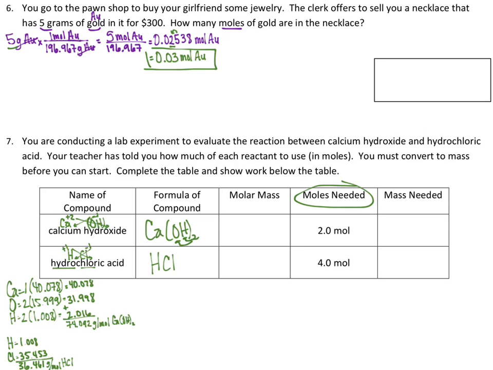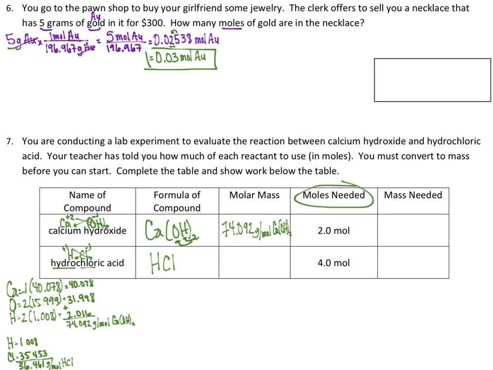All right, so I'm going to write those in my table. So molar mass for calcium hydroxide was 74.092. My unit is grams per mole. Talking about calcium hydroxide.